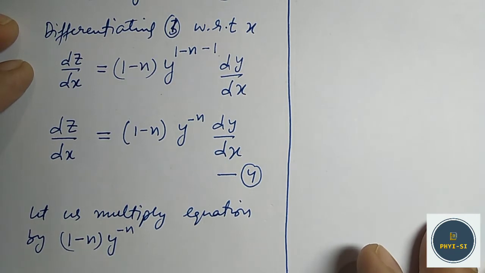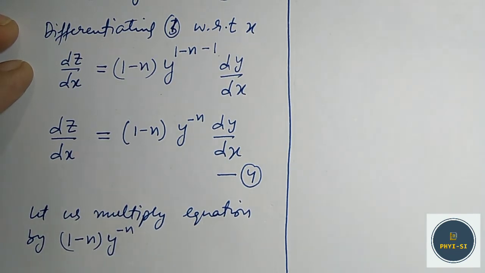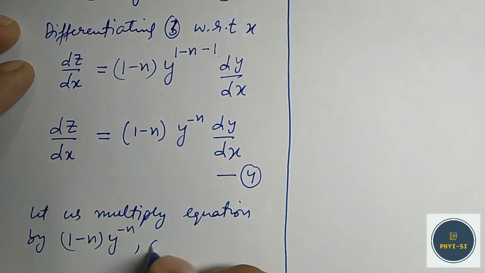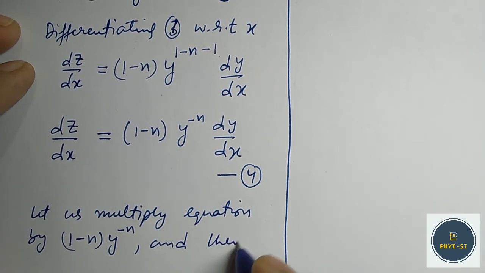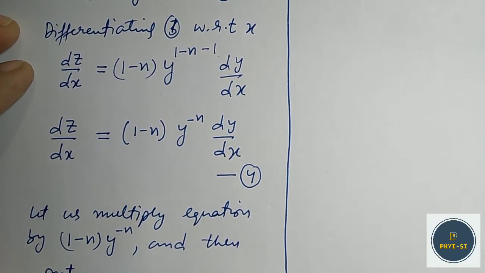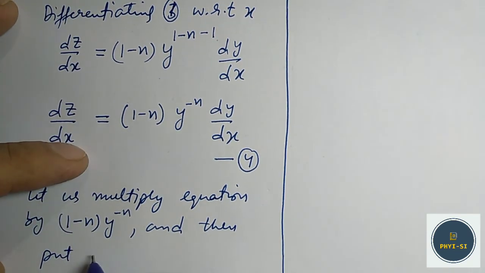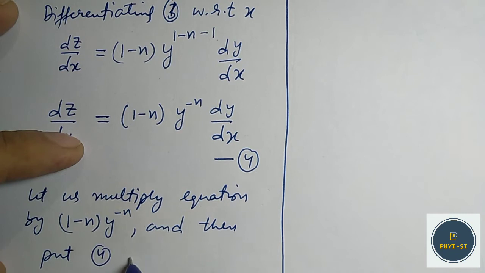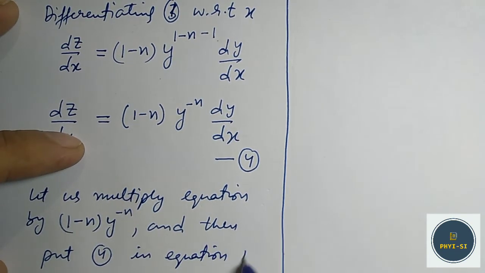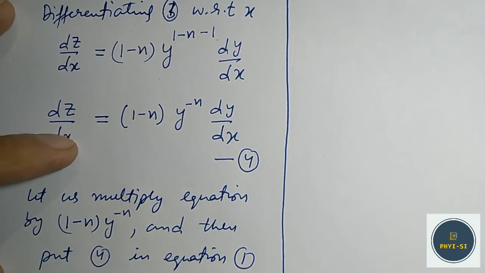We will multiply the left hand side and the right hand side of equation number 1 by this factor, and then put 4 in equation 1. So let's do it.